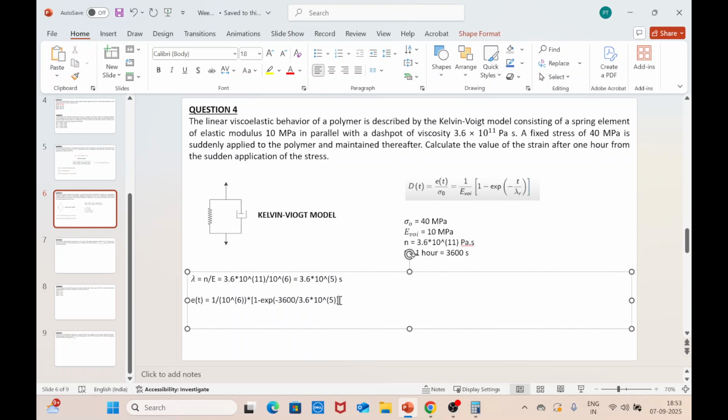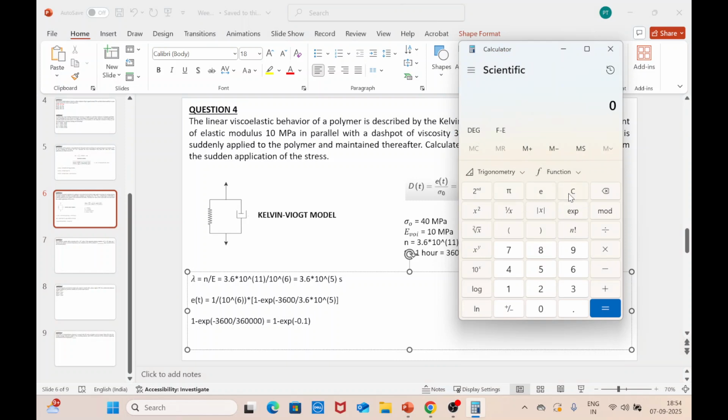So let's first calculate the value inside the bracket. 1 minus exponential of minus 3600 by, I'm going to just expand the exponent. So it's going to be 1 minus exponential of minus 0.01.